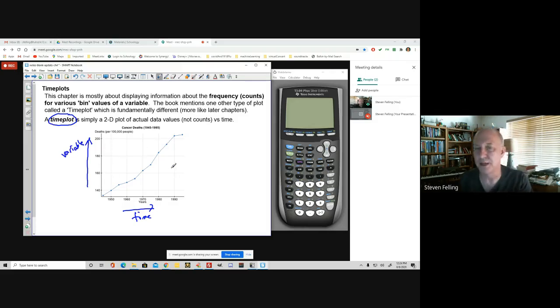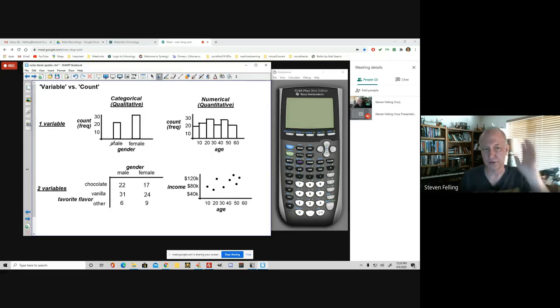But this is a fundamentally different graph than all the other graphs we look at. And we typically will not talk about this more until Unit 2, because really this is two numerical variables, year and then a second variable like deaths per 1,000 people from cancers or something like that, okay? But if you encounter the term time plot, you can think of it as the one case in this chapter where the variable is in the y direction, and then we have the special x-axis of time, okay?